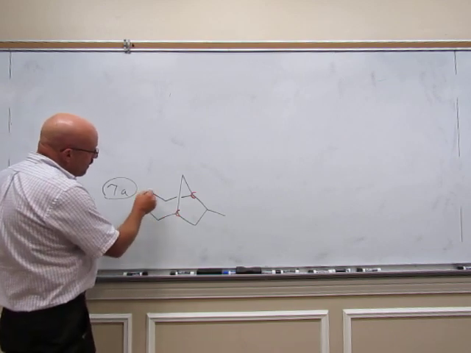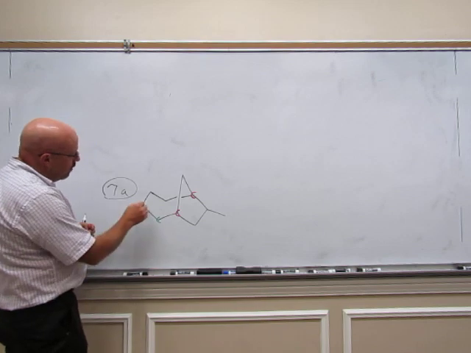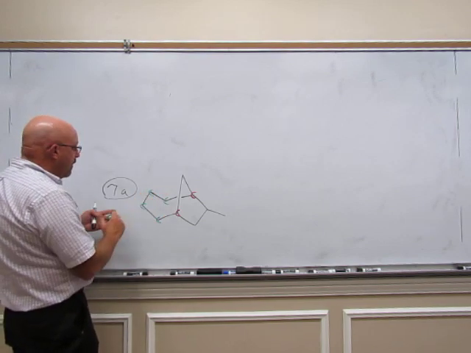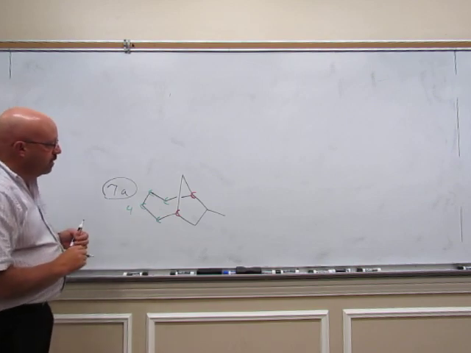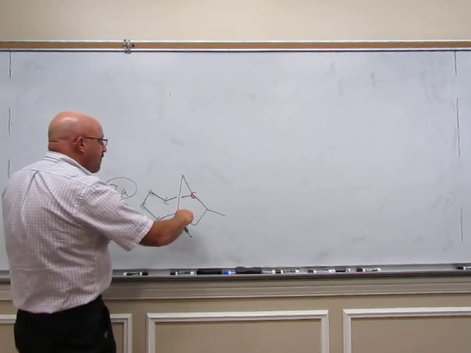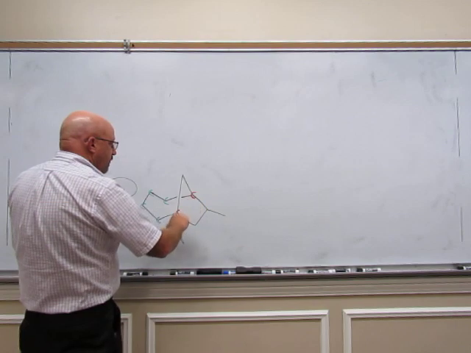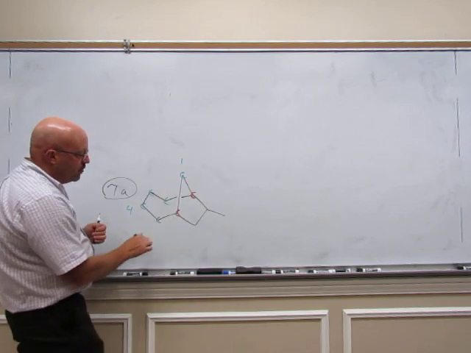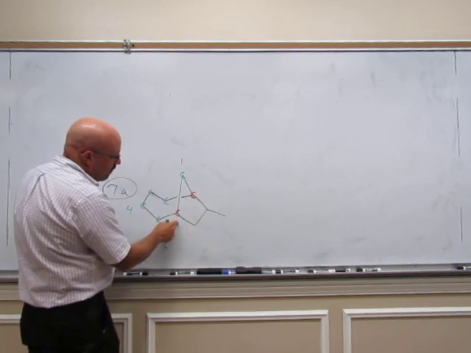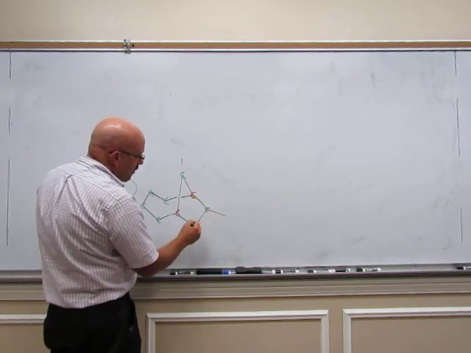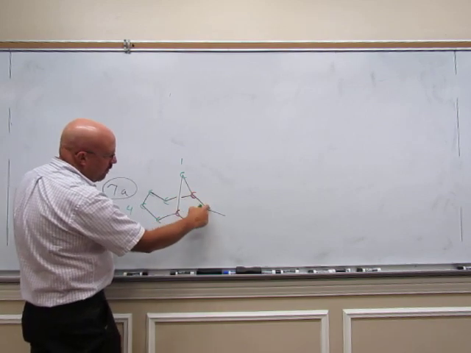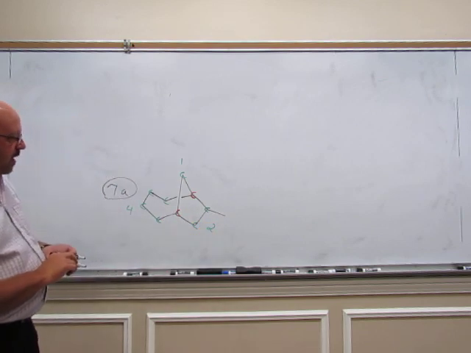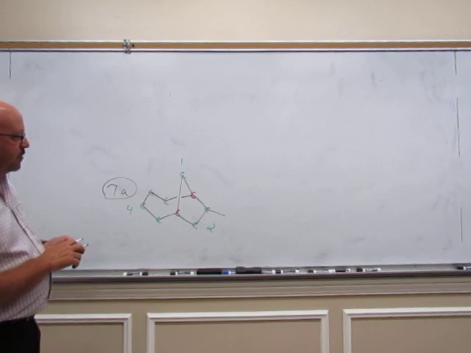So going around here to the left, I have a carbon here, carbon here, carbon here, and here. So there's 4 carbons in this bridge. If we go over the top, from bridgehead to bridgehead, there's 1 carbon in that bridge. If you go around to the right here, I have a carbon and a carbon, going from bridgehead to bridgehead. So we have two carbons in that bridge.